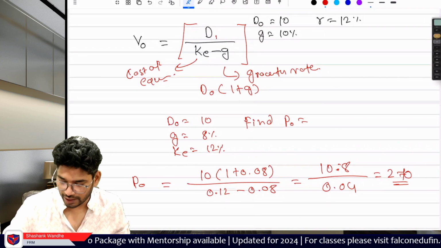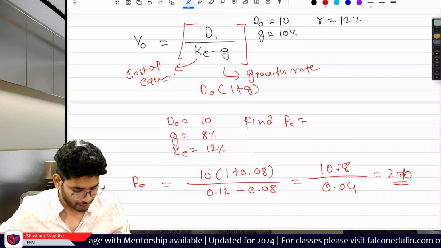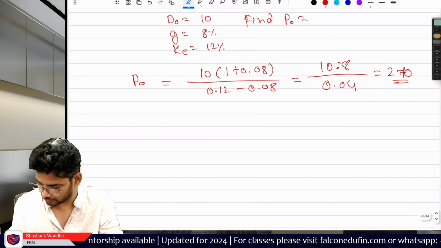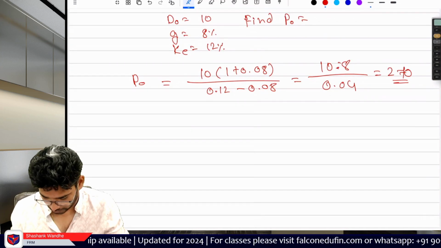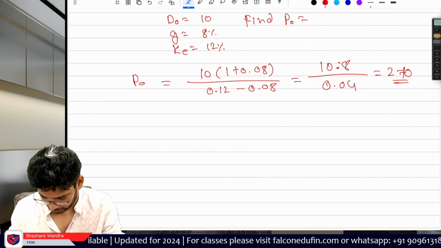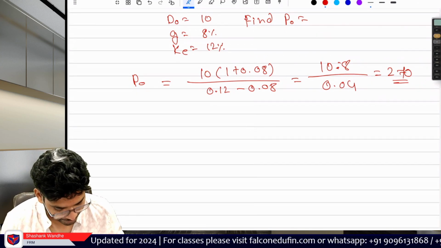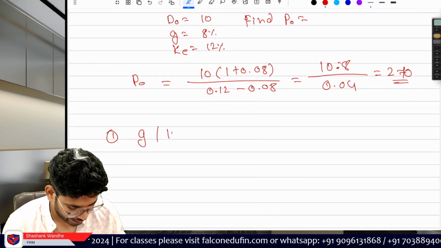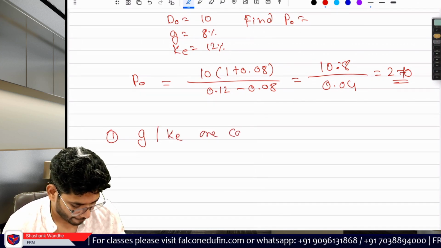So this is Gordon's growth model. Now, what are the assumptions here? In Gordon's growth model, we have certain assumptions. First, assumption number 1: G and KE are constant.